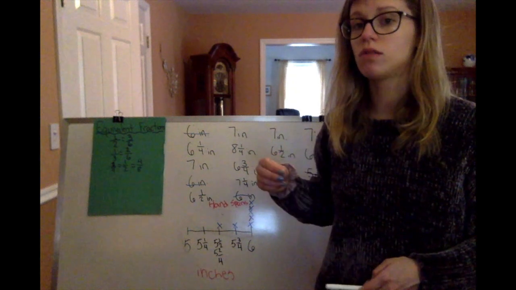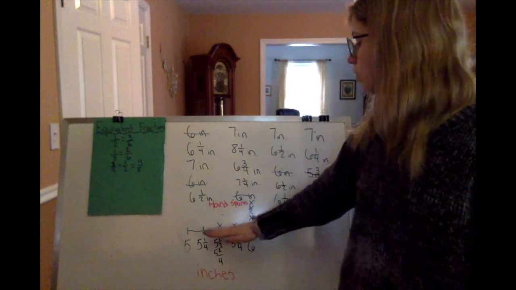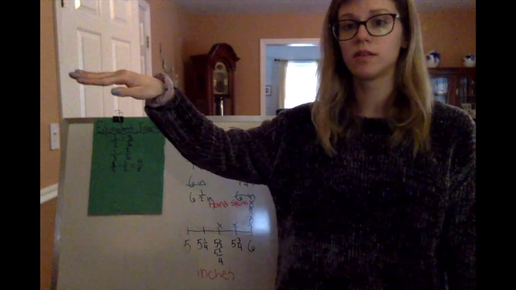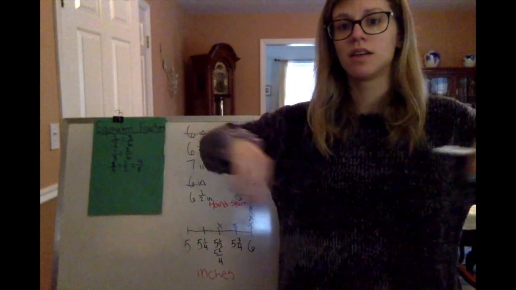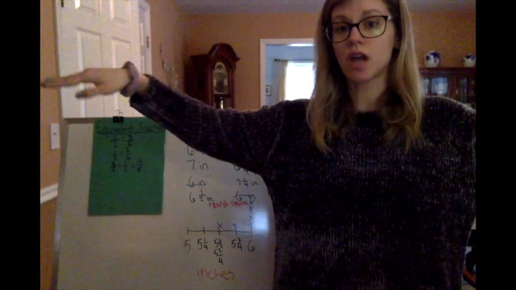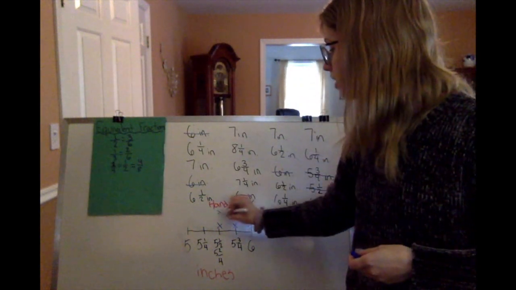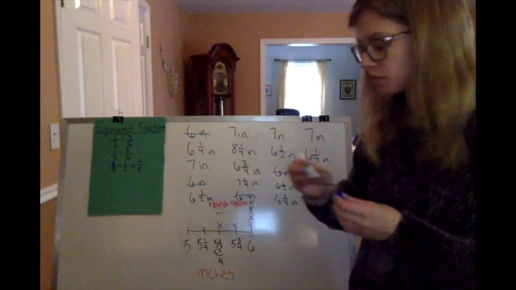You also need to make sure that you're keeping your marks in line with each other. So one X should always be even throughout the entire line plot. If you have 2, it should be directly on top, but also even if another number has 2. I wouldn't want to put it up here because then it looks like it's even with 3 x's.